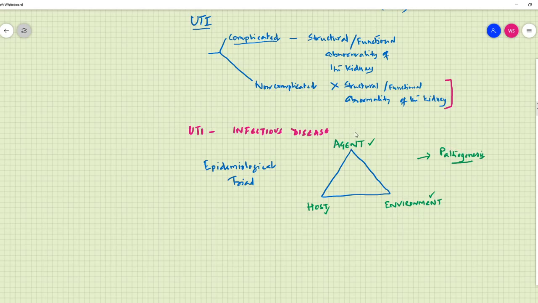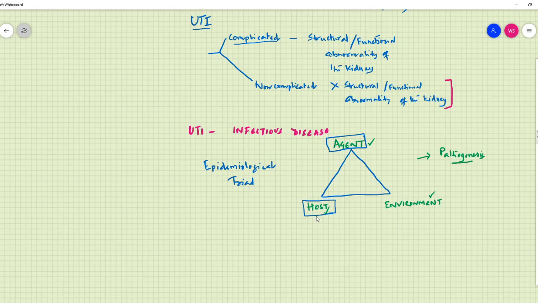So in an infectious disease, we can intervene at the level of the agent, meaning we can use drugs against the agent, or we can modify some things in the host, for example, the behavior of the host.